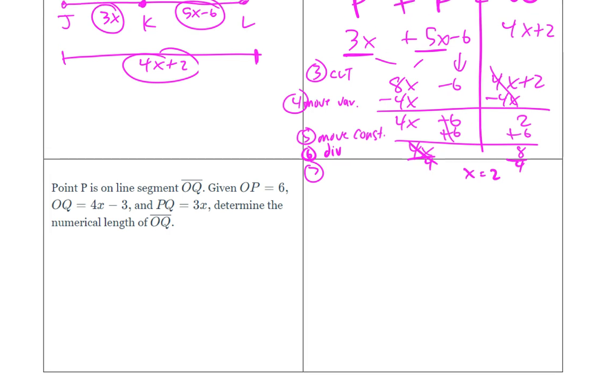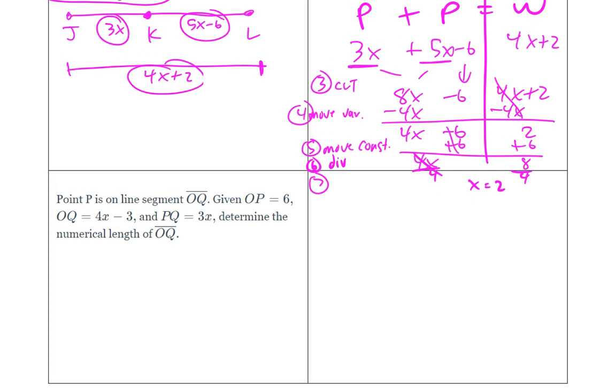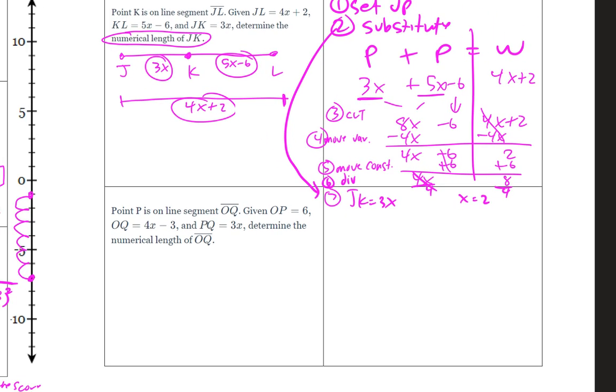Step number 7 is we have to substitute back in. JK is 3x, so that's 3 times, and since x equals 2, we put a 2 in place of the x. 3 times 2 is 6. So that's our final answer on that.